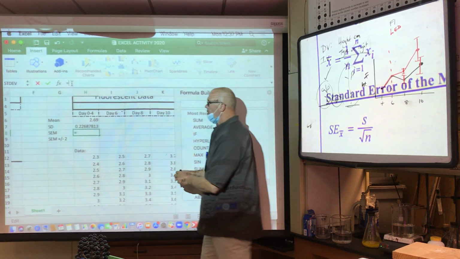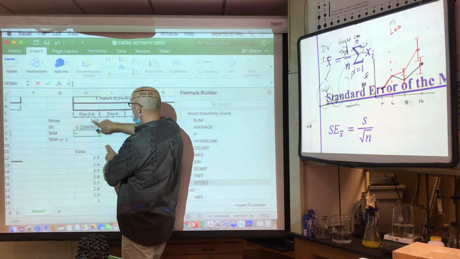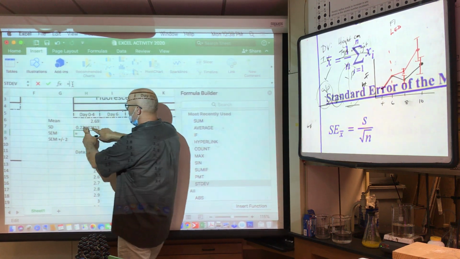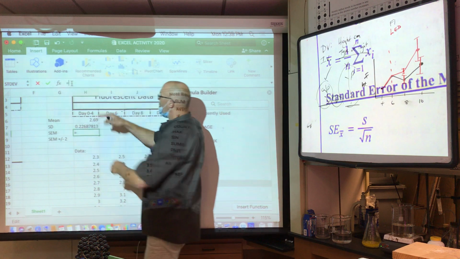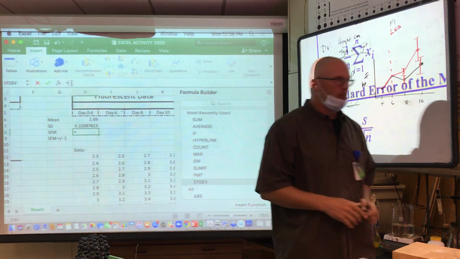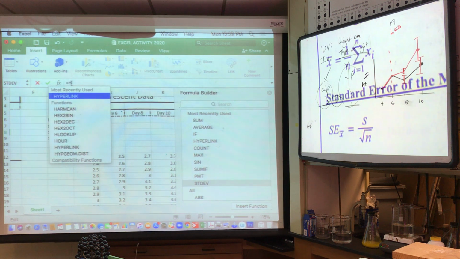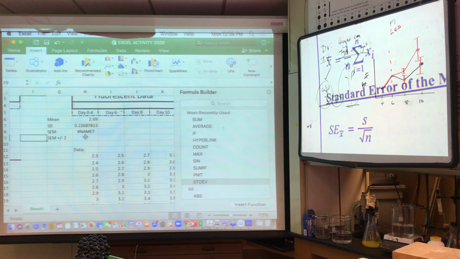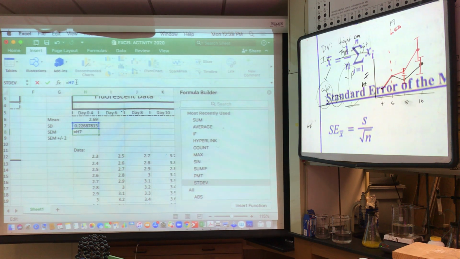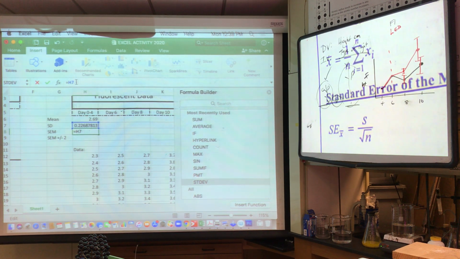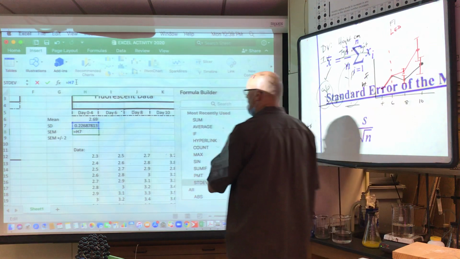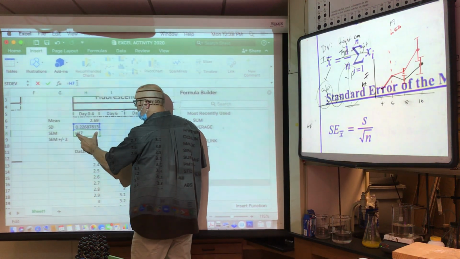Mine is H7, so whatever yours is to get the standard deviation, it's equals H7. So it tells me take this value and put it here.